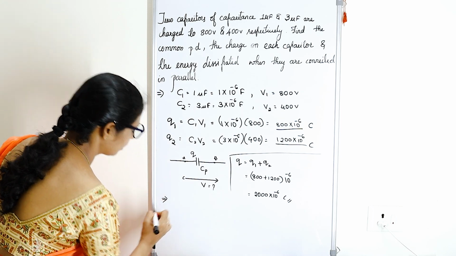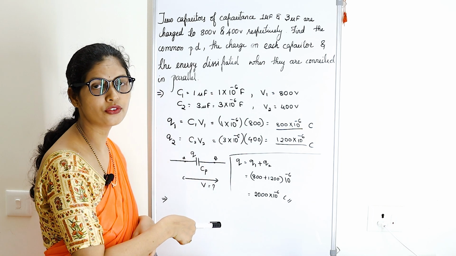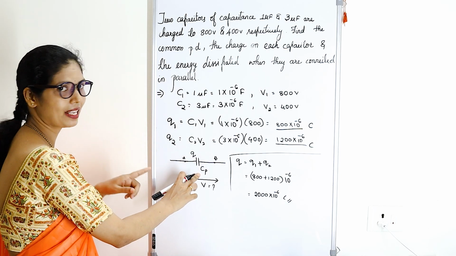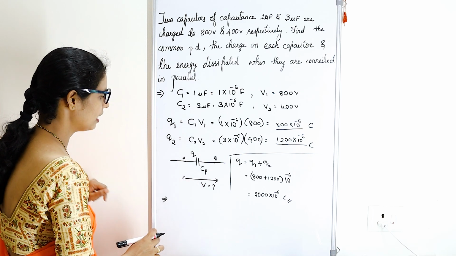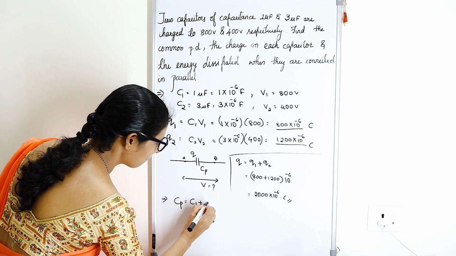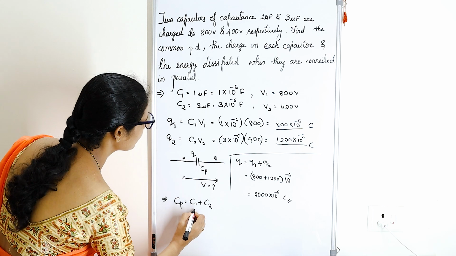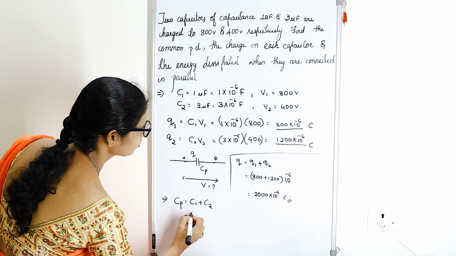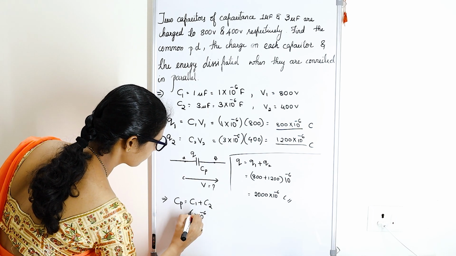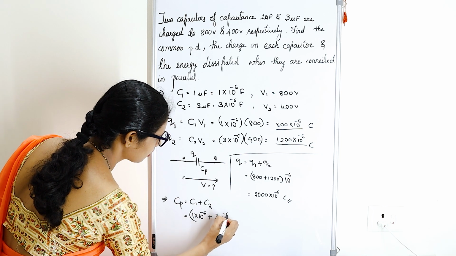Now, before parallel connection, to find the value for common potential difference, there is the effective capacitance. So you need to find the effective capacitance value. The effective capacitance can be considered as C1 plus C2, that equals 1 into 10 to the power of minus 6 plus 3 into 10 to the power of minus 6.